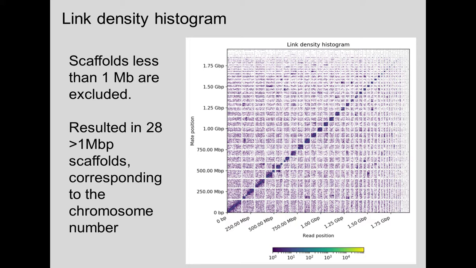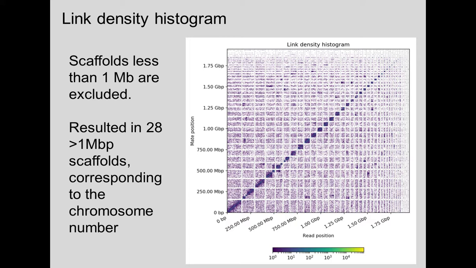These are grouped into bins. The color of each square gives the number of read pairs within that bin. White vertical lines and black horizontal lines have been added to show the borders of the scaffolds. And as I said, all the scaffolds less than 1 MB were taken out from this analysis.